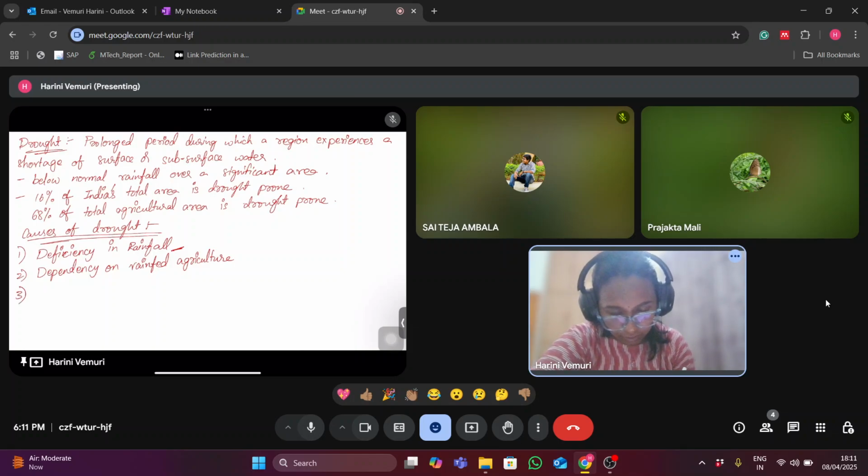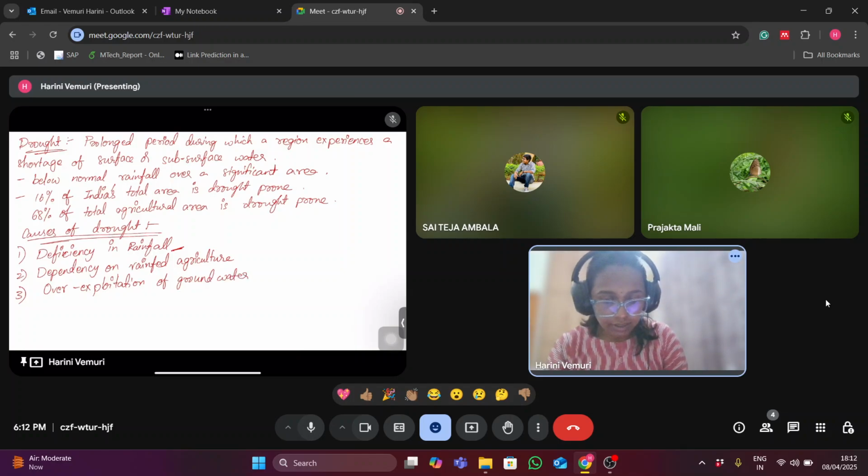The next cause is over exploitation of groundwater resources. These two earlier causes are natural, and now we will be discussing causes due to humans.